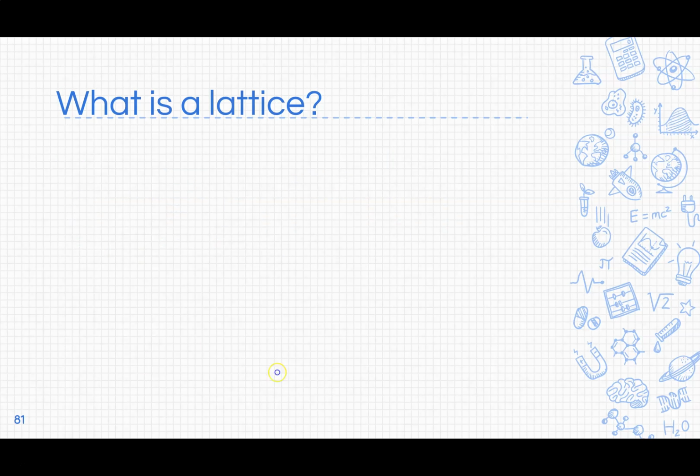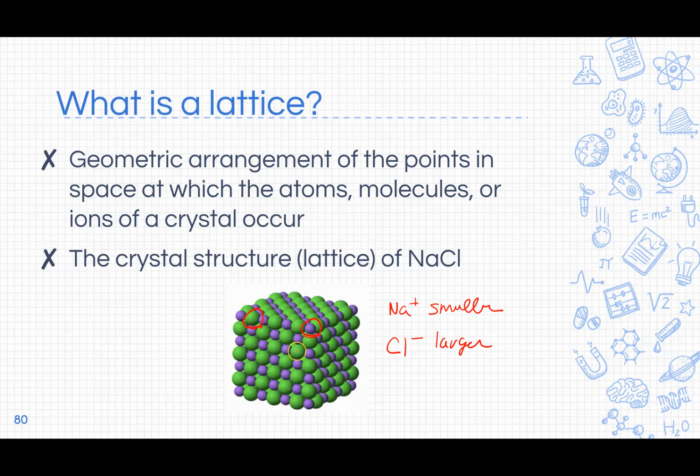So if we look back here, the chlorines want to be as far away from other chlorines as they can be so that they're not repelling each other. The sodium ions want to be as far away from each other so that they're not repelling each other. And we want to maximize the plus and the minus attraction that's happening. So for sodium chloride, this type of crystal does that the best.